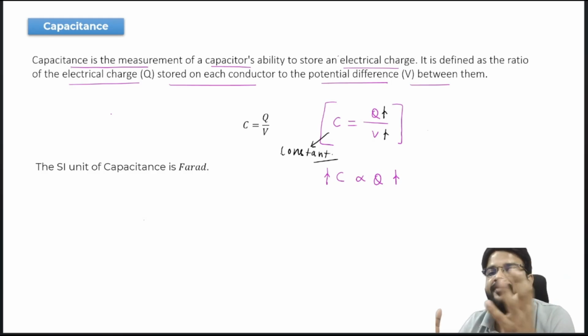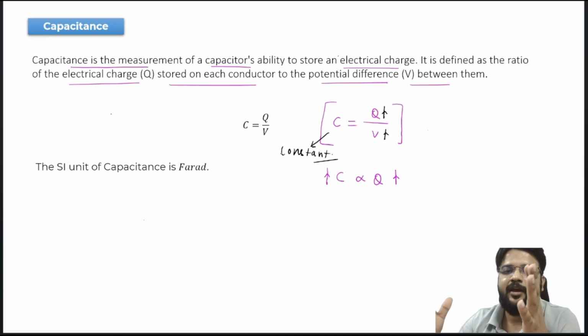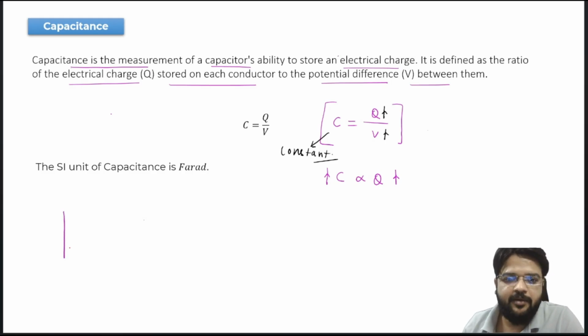Capacitance depends on the physical dimensions, correct? What is the separation between the plates, how large the plates are, and what is the medium between the plates. On these parameters, capacitance depends, everyone. For example, let's suppose here we have a parallel plate capacitor, correct?